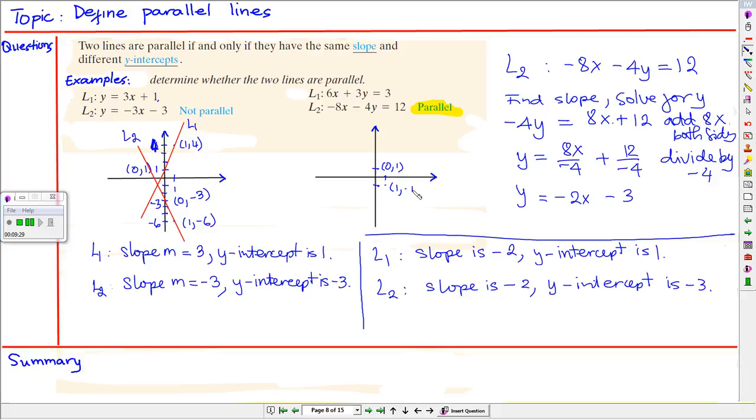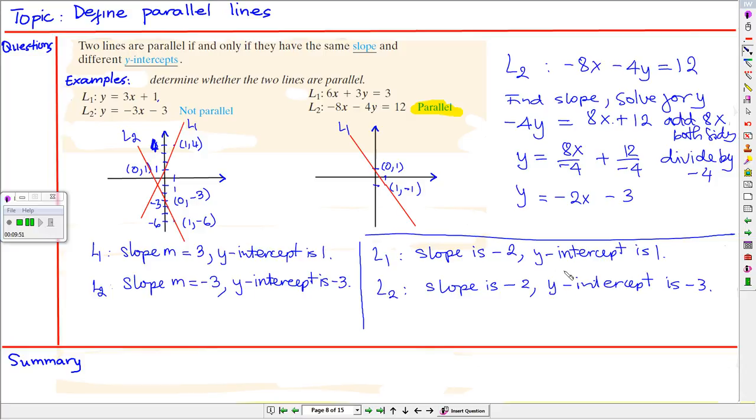Therefore, we have the point 1, negative 1. Now you connect these two points, and that will give you line 1. We can label this line number 1.